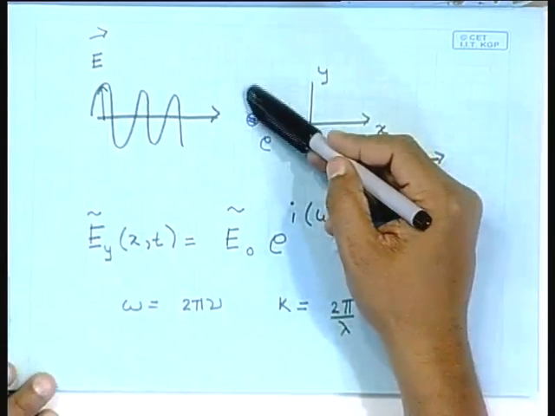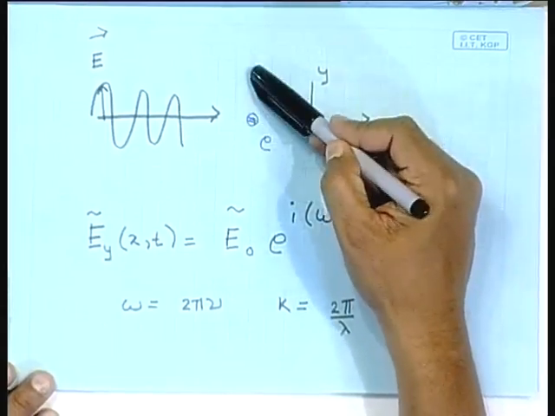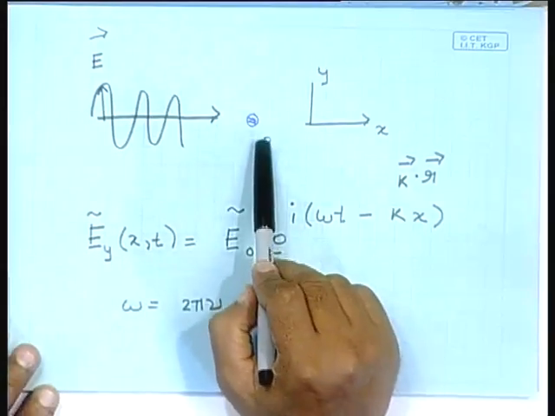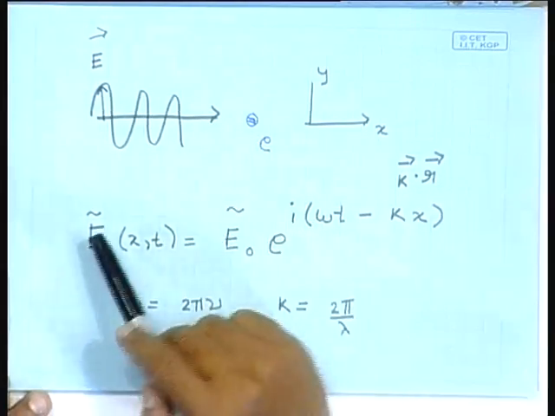Now once an electron starts to oscillate like this, we have again discussed what this is going to cause. An oscillating electron is going to emit radiation.